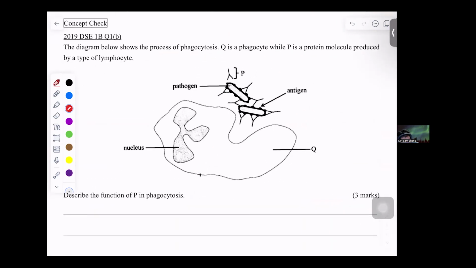Last lesson, we did not have enough time to go through these questions. So if you haven't completed it, please spend around 1 to 2 minutes to help me complete this concept check and tell me what are the functions of P and what is P, the thing that is produced by a type of lymphocyte.